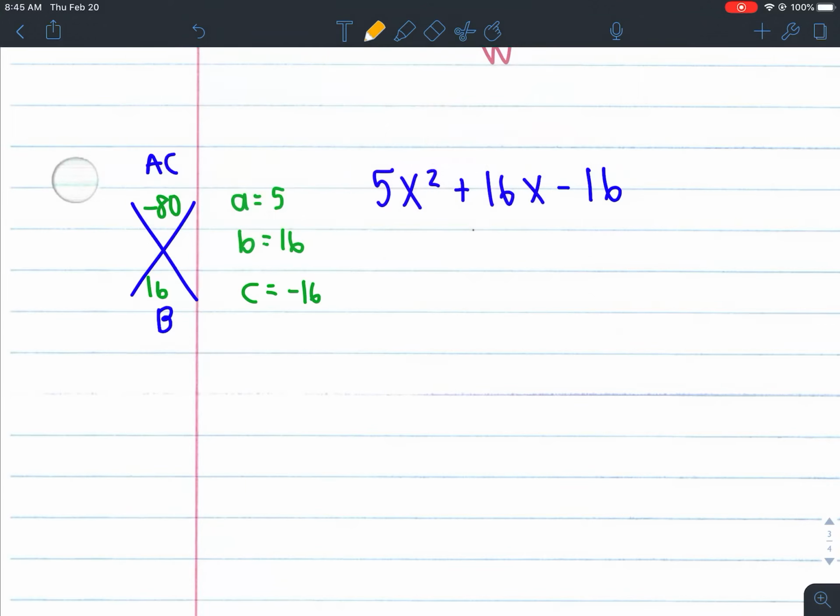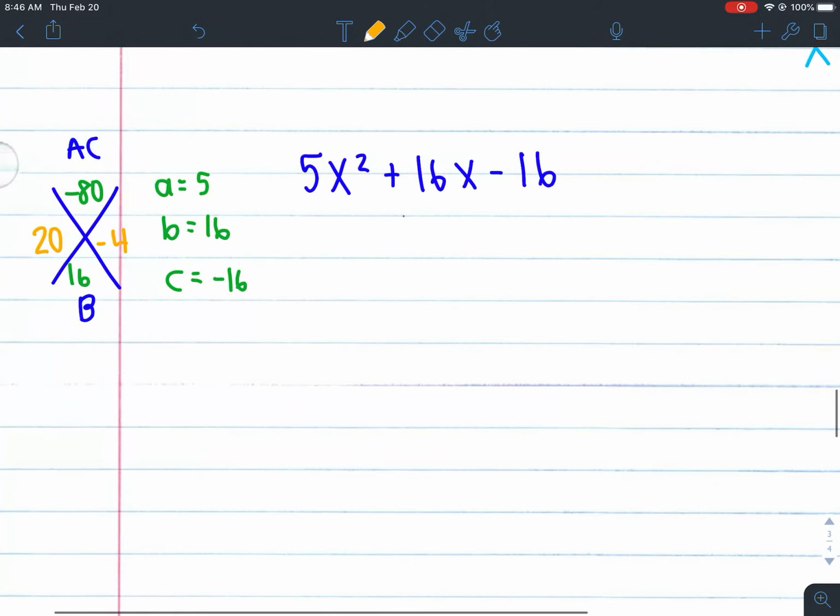So my two magic numbers there are, let's see here, I don't know all the factors of 80, so I'm gonna guess and check in my calculator. 4 and 20. So we're gonna have 20 and negative 4. Okay, so again, when we factor, the first term and the last term always stay the same. We're just basically splitting up that 16 in the middle, plus 20x minus 4x minus 16.